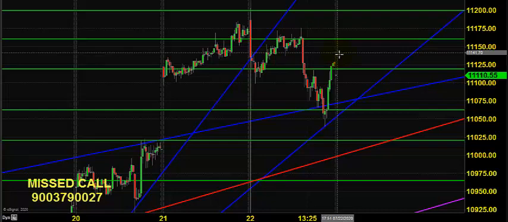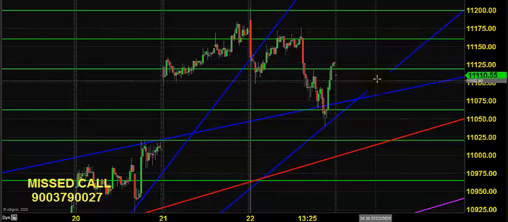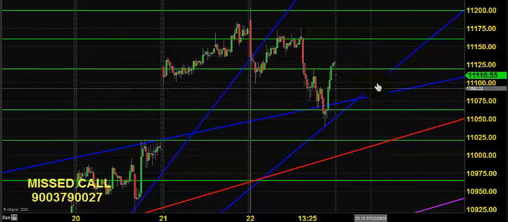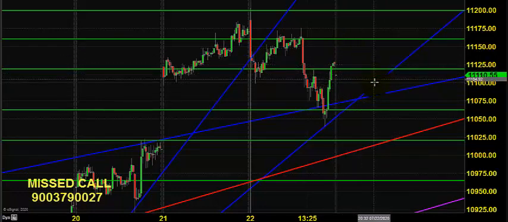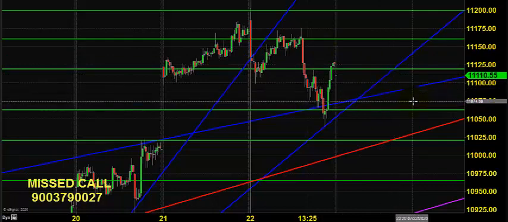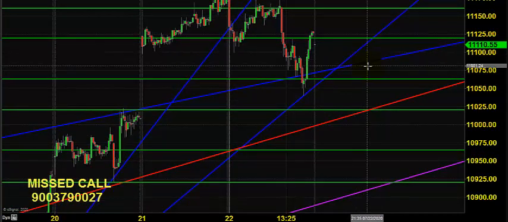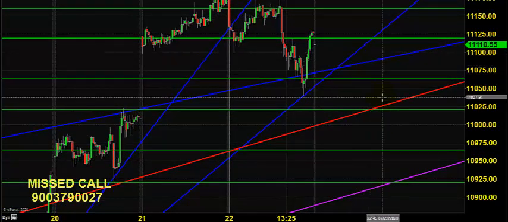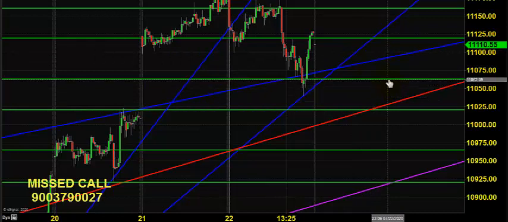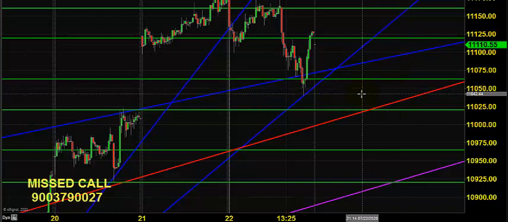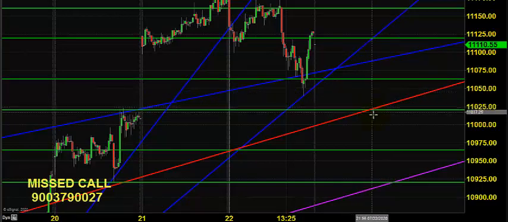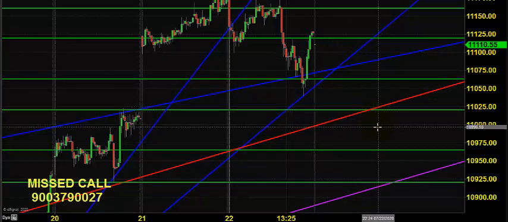So what you can do, wait for the price to come and test this trend line, the blue line, for entry. The price can come and test this trend line. So you have various supports. One is this blue line, and 11,060.